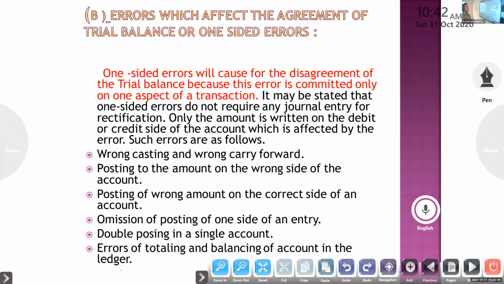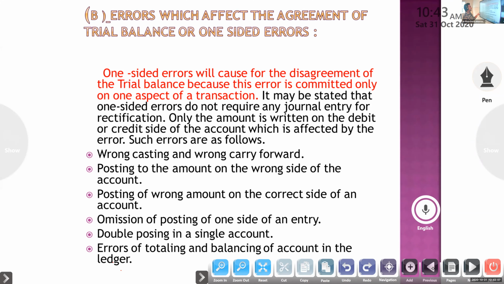If any one-sided error is there, the trial balance will not be equal. So what are the one-sided errors? Undercast and overcast: they wrote a much lower or much higher amount.